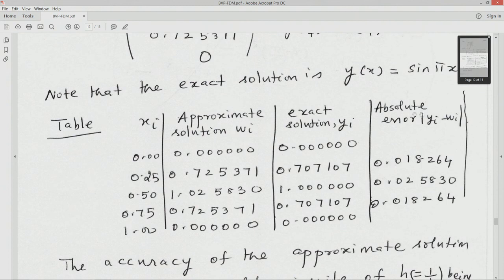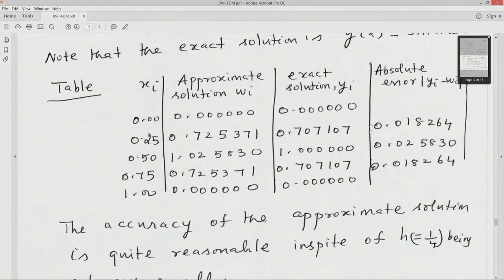So, we have a table of values where the xi's are specified, namely 0, 1 by 4, half, 3 by 4 and 1, at which the approximate solution and the exact solutions are written down, and we compute the absolute error, namely mod yi minus wi, the exact minus the approximate solution.